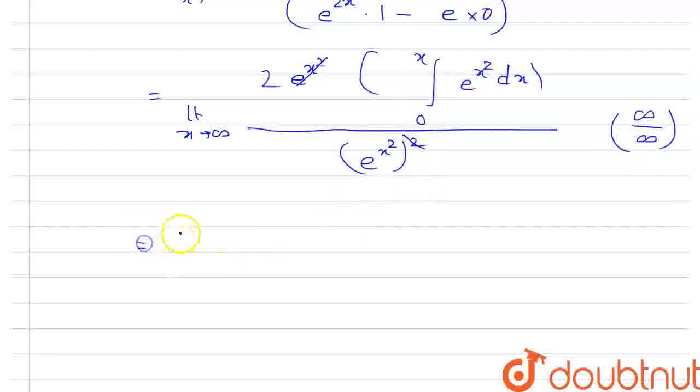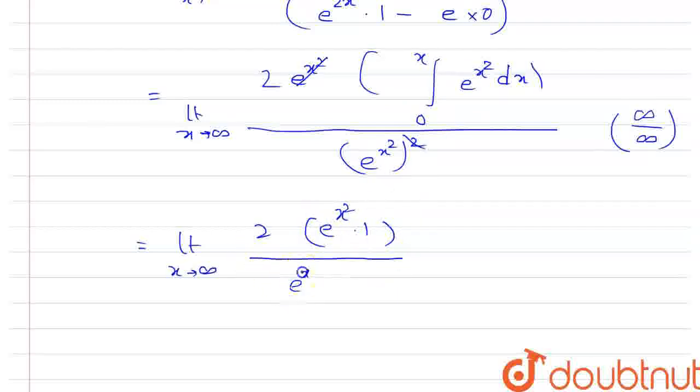So this will be equal to limit x tending to infinity, and to differentiate this integral, we will again use Leibniz integral rule. So this will be equal to e to the power x square into differentiation of x, that is 1, minus e to the power 0 into differentiation of 0 will be 0. So divided by differentiation of e to the power x square will be e to the power x square into differentiation of x square, that is 2x.